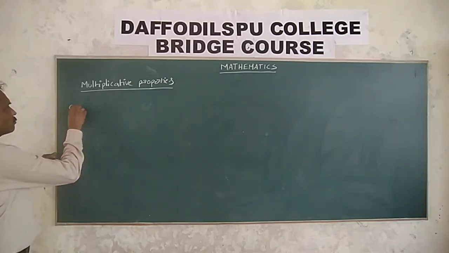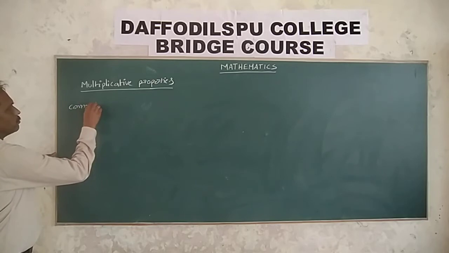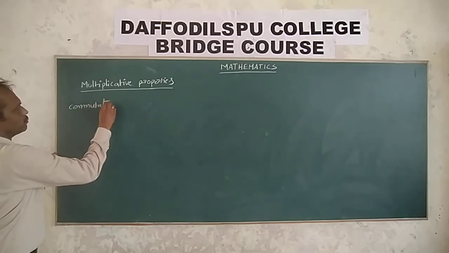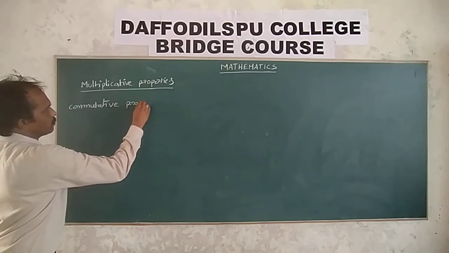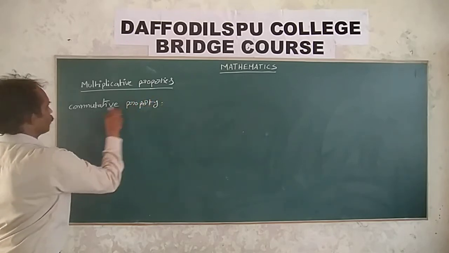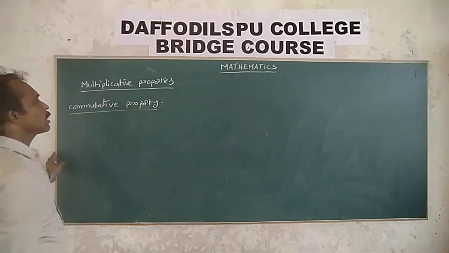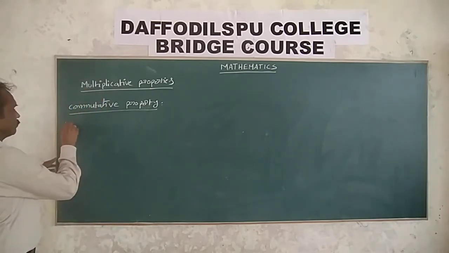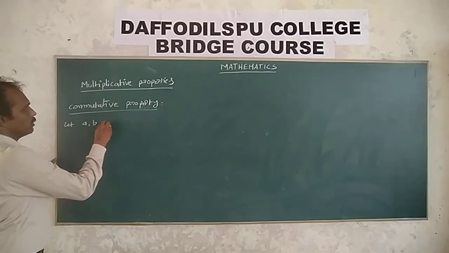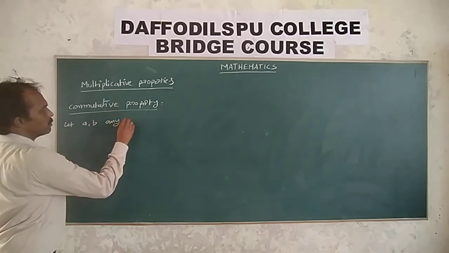Commutative property. Like A comma B, any two numbers.